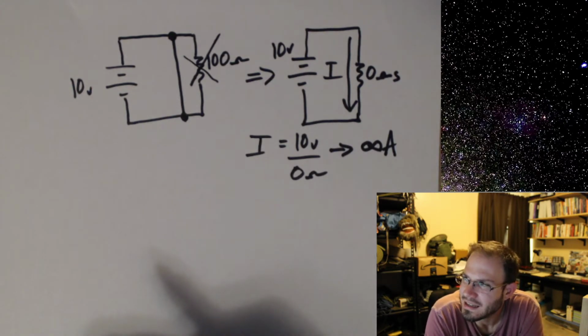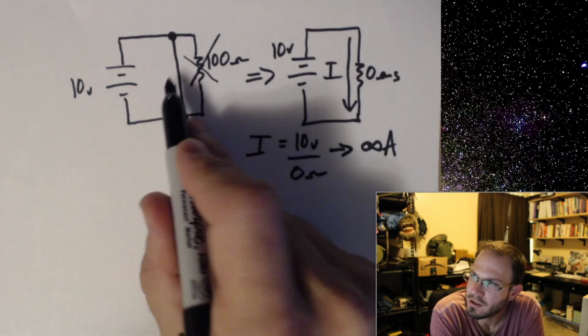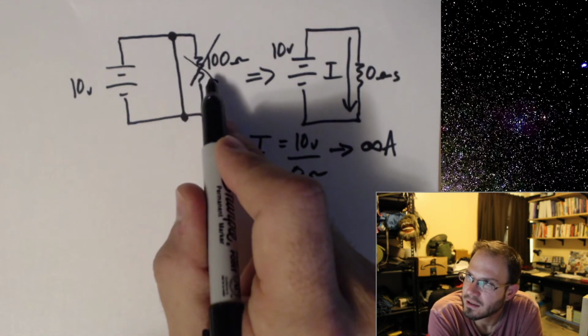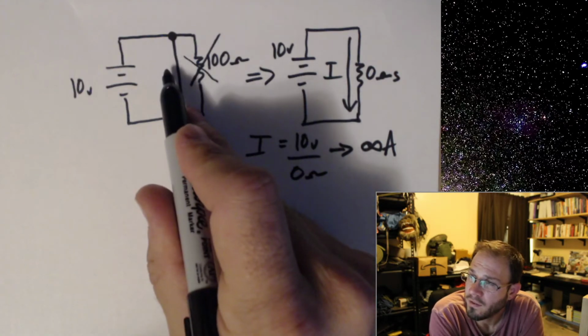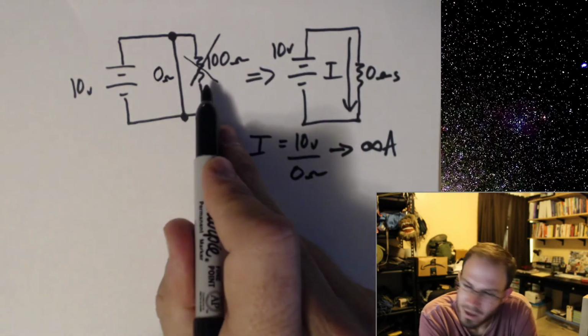Now, what does this look like from a mathematical point of view? Well, we do have two resistors in series, essentially over here. One of them is 0 ohms, and the other one is 100 ohms.